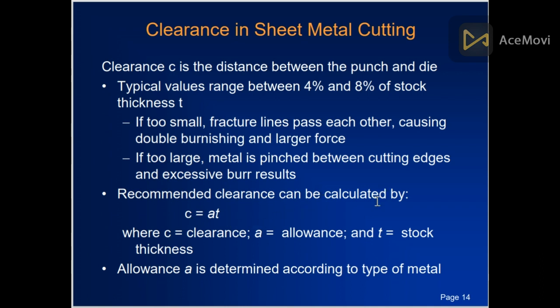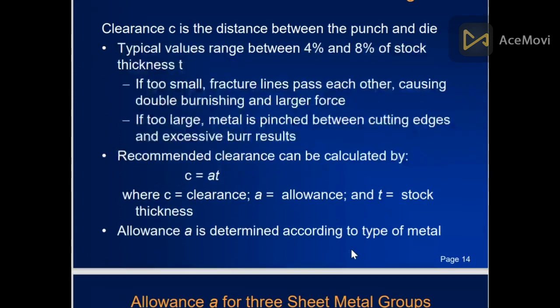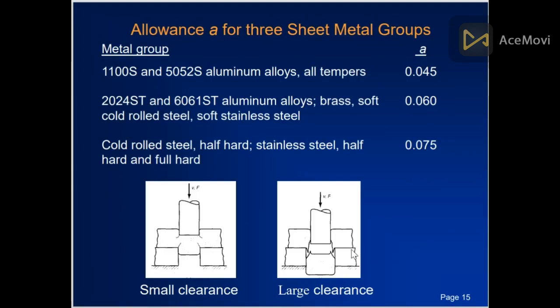The recommended clearance can be calculated by the formula C = AT, where A is the allowance, C is the clearance and T is the stock thickness. Allowance A is determined according to the type of metal. For 1100S and 5052S aluminum alloys, A is equal to 0.045.